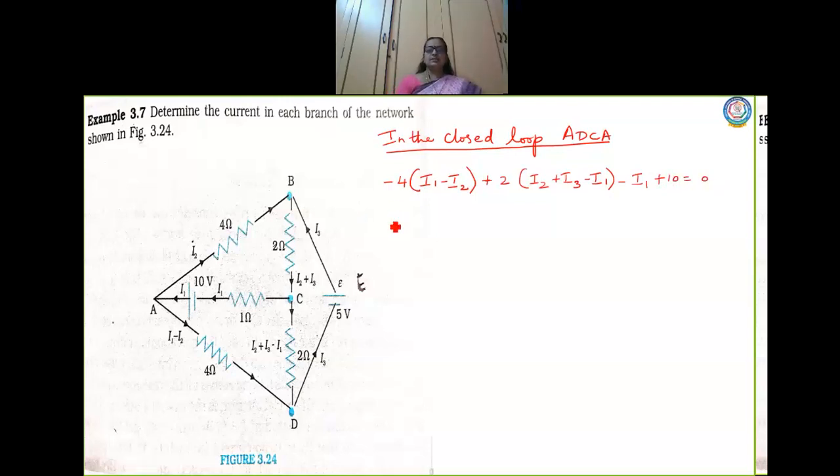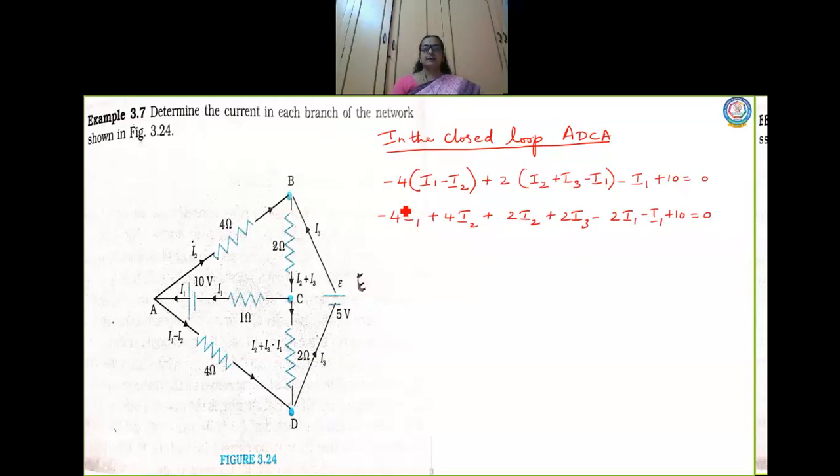Now simplification. I have minus 4 I1 plus 4 I2 plus 2 I2 plus 2 I3 minus 2 I1 minus I1 plus 10 equal to 0. So look, segregate all the common terms, children.